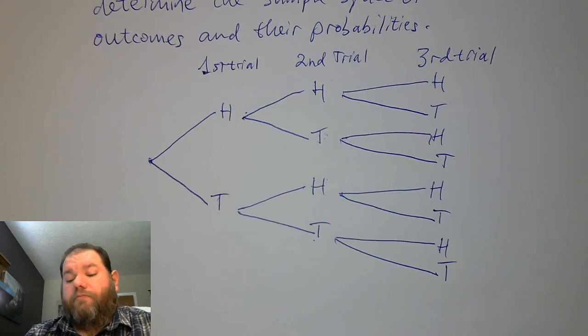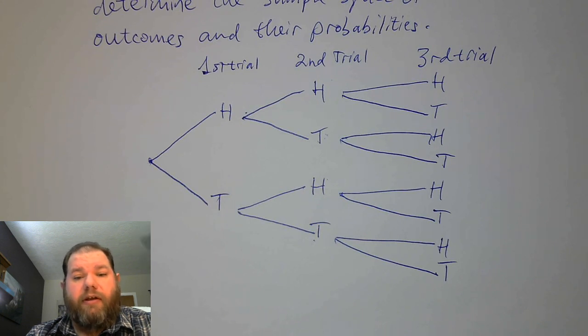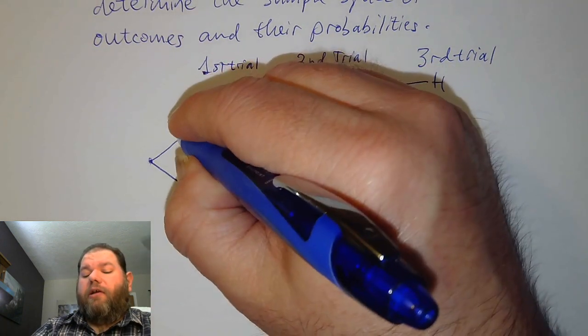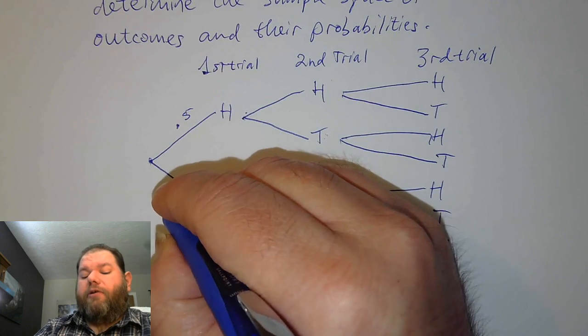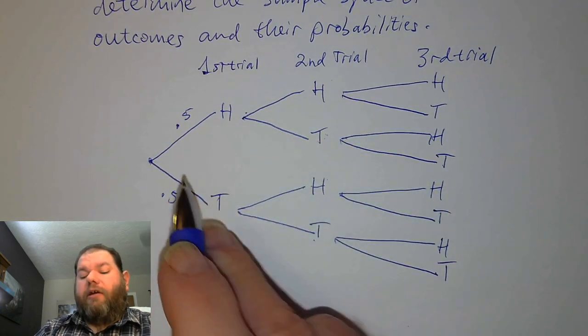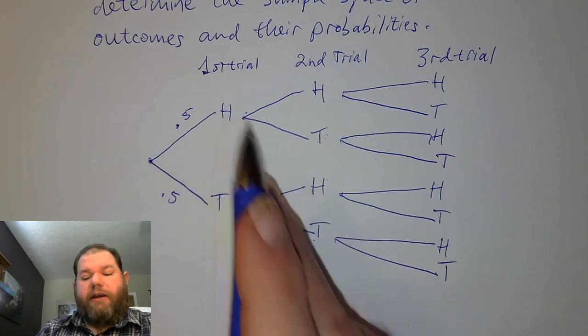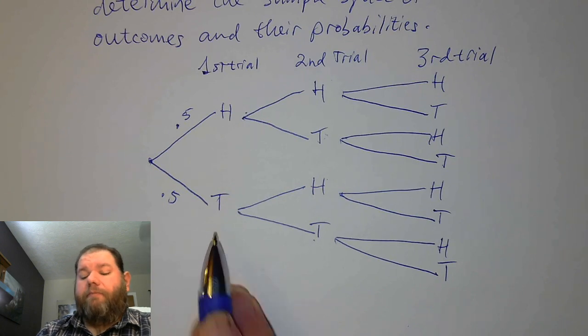Now, we know that flipping a coin results in a 50% chance of landing on heads and a 50% chance of landing on tails. Because it is what we call a classical probability, we know exactly what the outcomes are, and they're equally likely to occur. So 0.5 it lands on heads, and 0.5 it lands on tails.